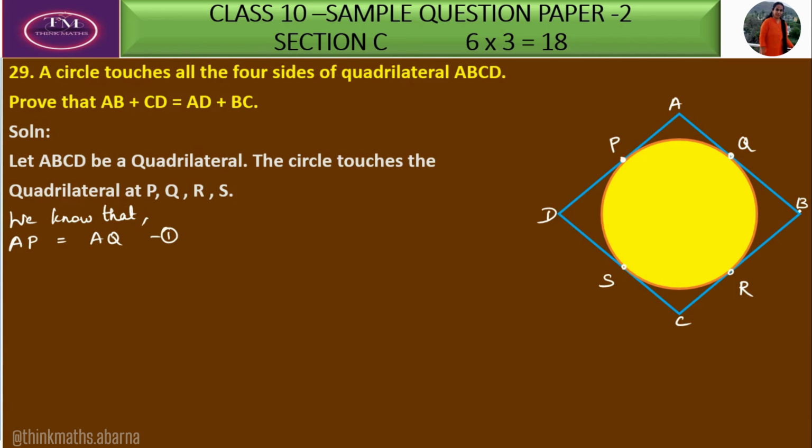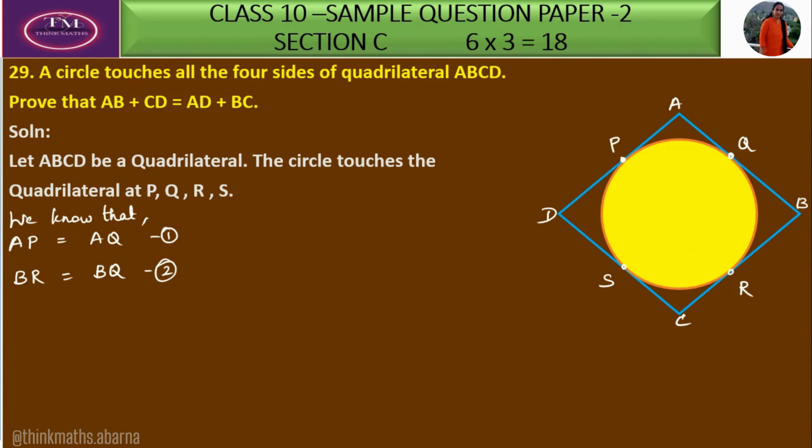In the same way, if B is an external point, the lengths of the tangents BQ and BR are equal. So BQ will be equal to BR. I am going to write it here as AQ, so that in the next step I can add this: AQ and BQ should give AB. So this BQ I am going to write this side, BQ equal to BR. So when I add the equations, it will be easy for me.